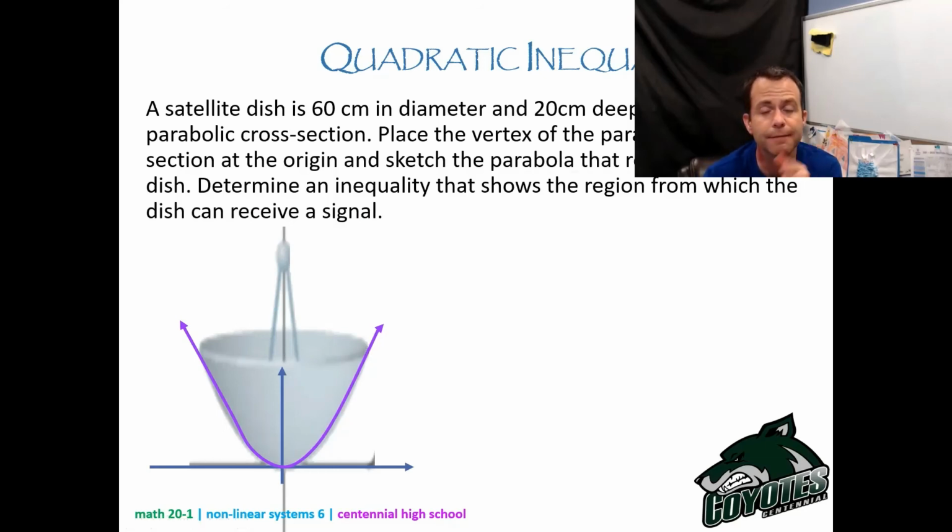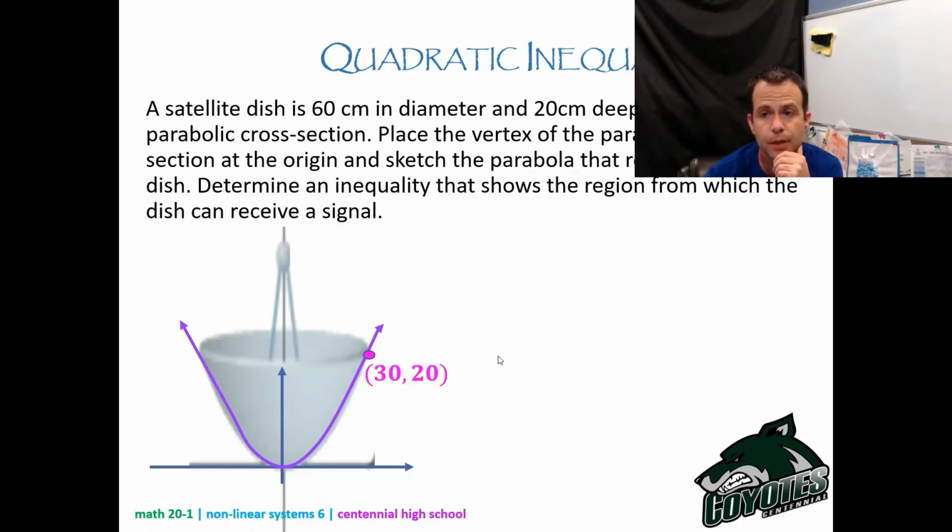The fact that it's 20 centimeters deep gives me my height. So I could put a point right here and call that point (30, 20). Again, it's half of the diameter, and then it's 20 centimeters deep, so from the top to the bottom would be 20 centimeters. That's where I'm getting that point (30, 20).